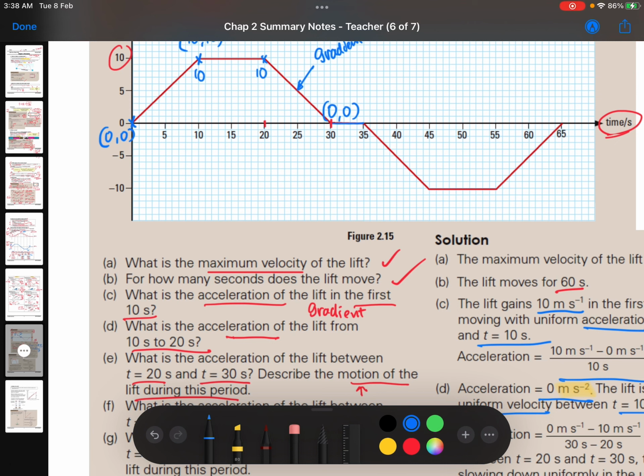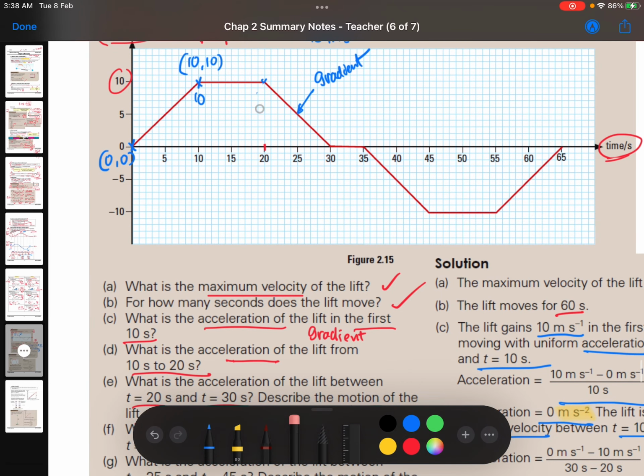Let me rub this out again. Okay, now let's look at this. This point is actually 30, 0. It's actually 30 seconds and 0 meters per second.